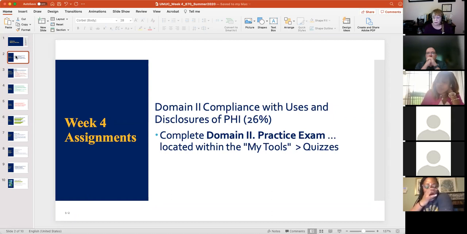It doesn't matter if they have any opportunity to see, observe, read, or hear protected health information. That is part of the covered entity, and they must comply.